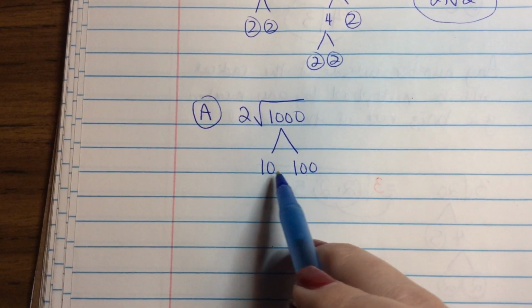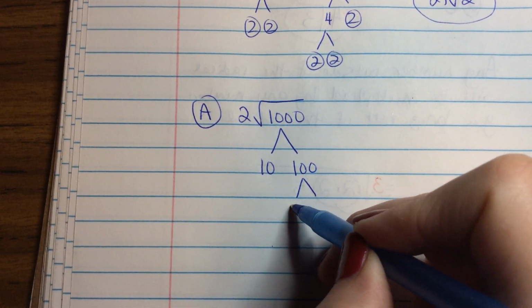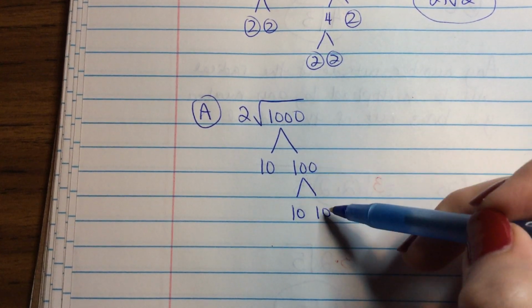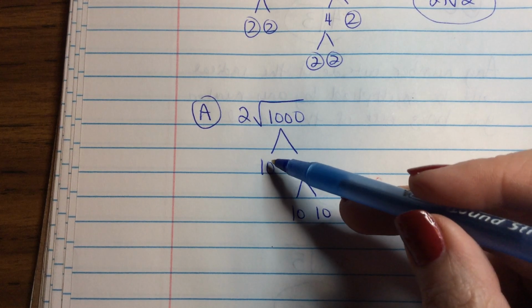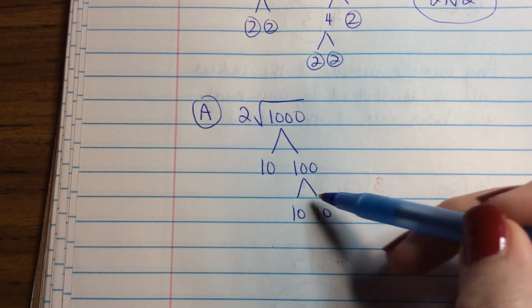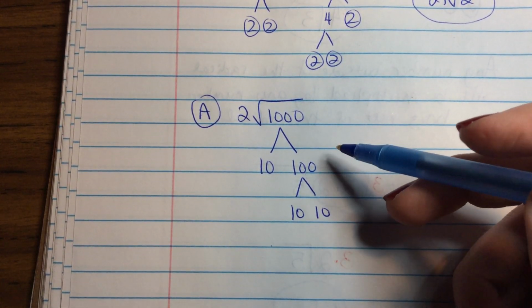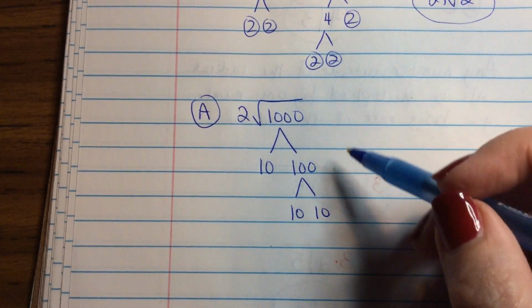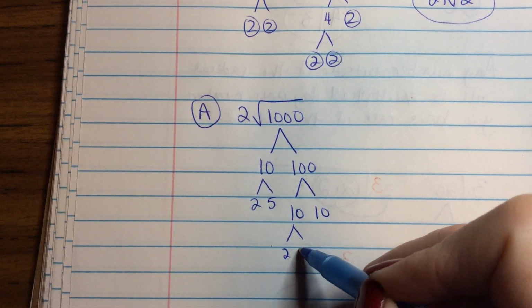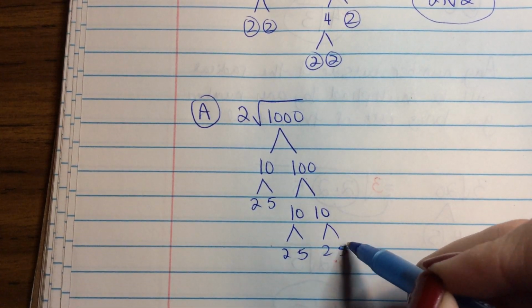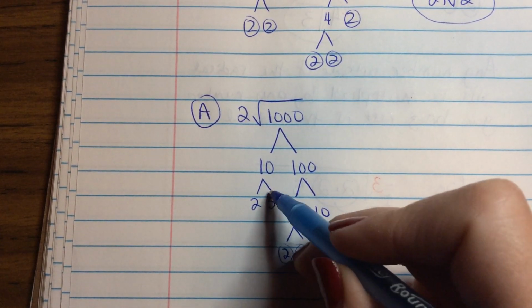Then from there I can break it down further. And 100 is 10 times 10. I could stop here if I wanted to because I already have a pair of numbers. But we could always go down to prime as well. So 2 times 5, 2 times 5, 2 times 5, and all of these are prime.